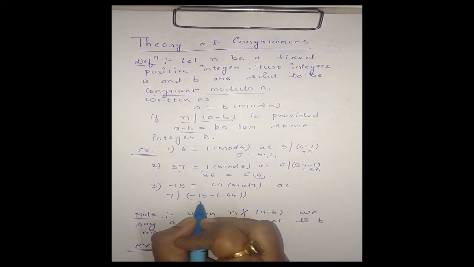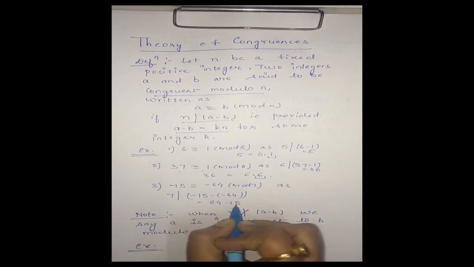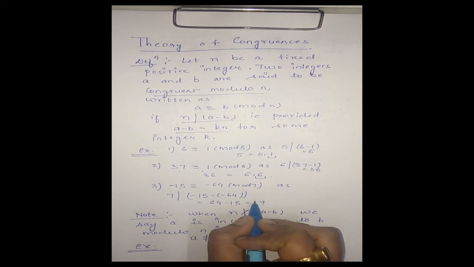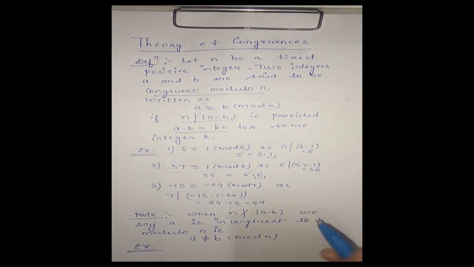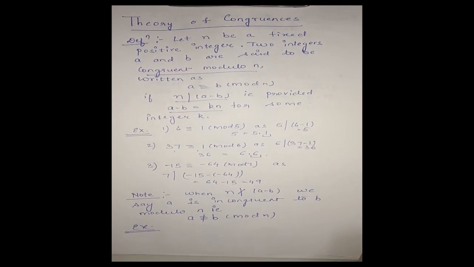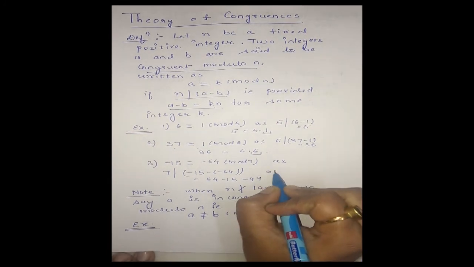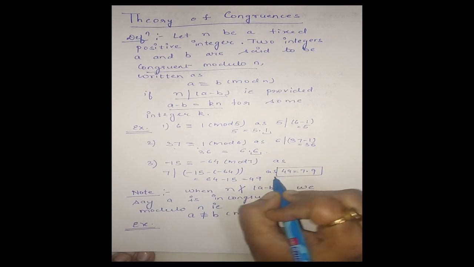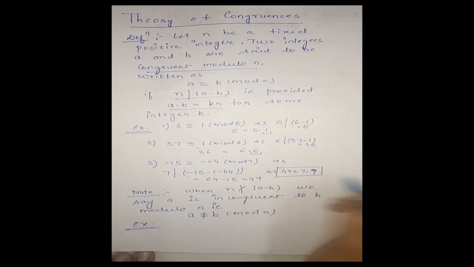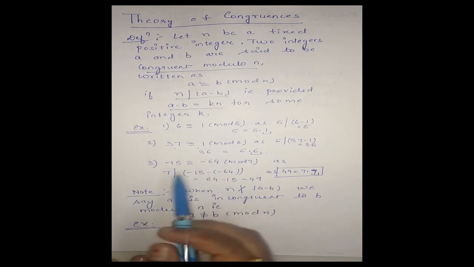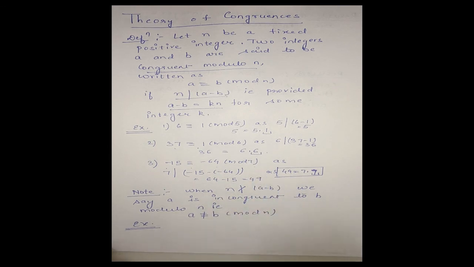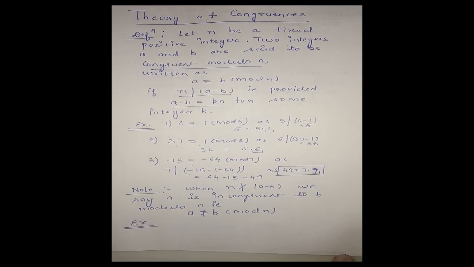That is, this is 64 minus 15, and this is equal to 49, and 7 divides 49. 49 is equal to 7 times 7, and 7 is an integer. Therefore, minus 15 is congruent to minus 64 modulo 7. This is the definition of congruence.